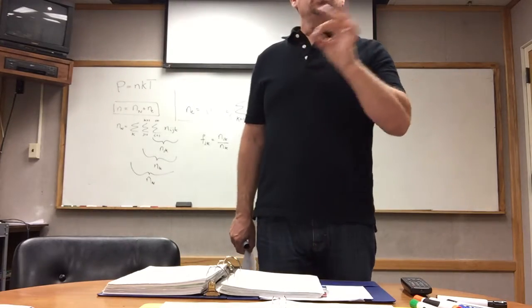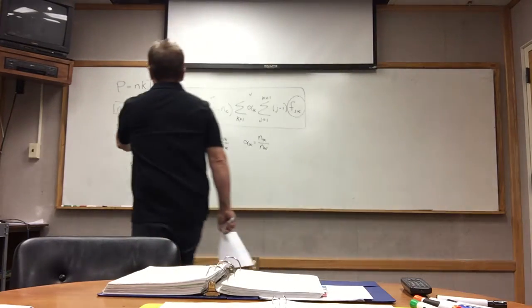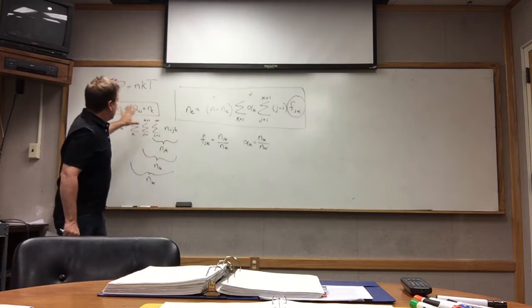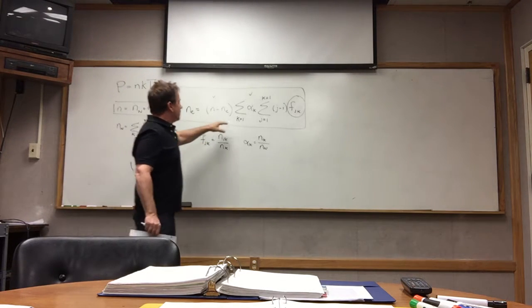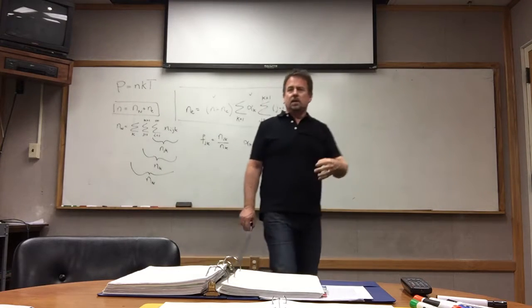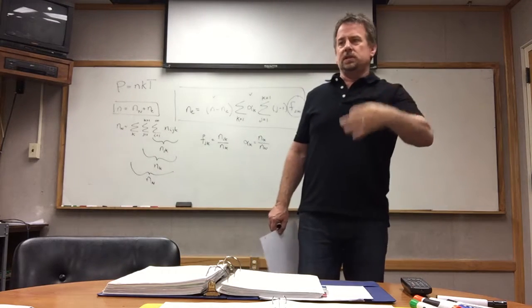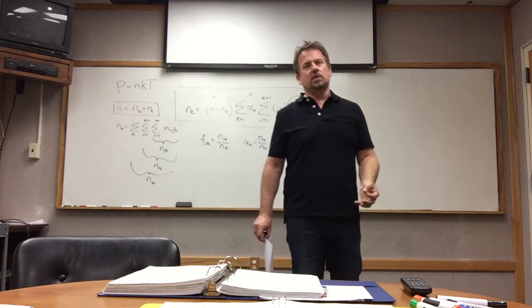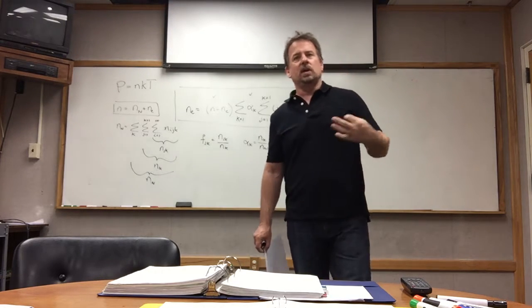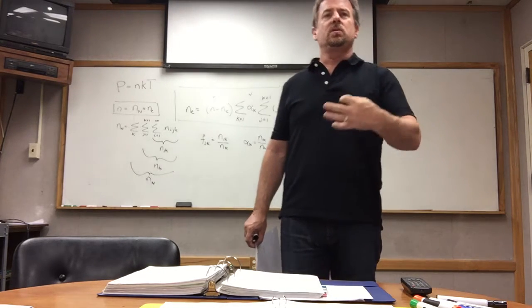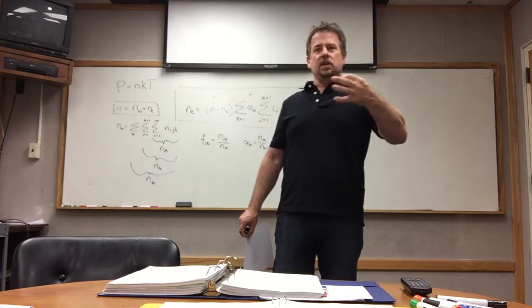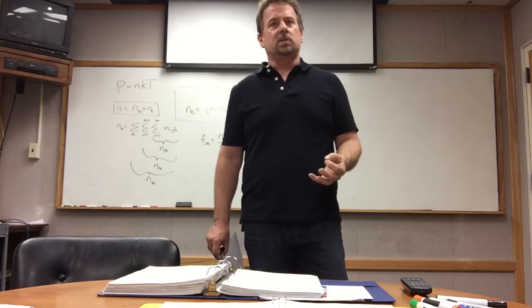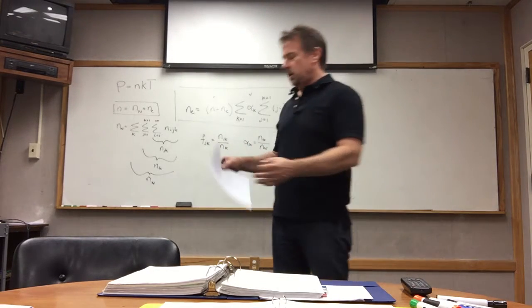If you are doing all of your calculations in number densities, you don't have to worry about the masses of the different ions. If you're talking about mass densities, you have to account for the fact that you have a distribution of different species, and each of those species has a different mass. It's very much more complicated.